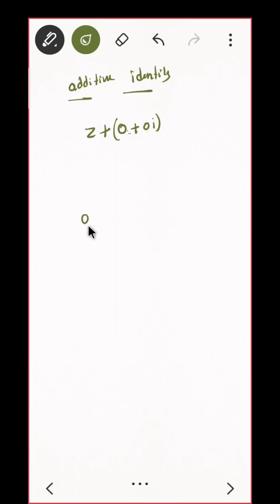If you write just 0 and 0 plus 0 i, this is the same as (0, 0). Both are not the same here. The notation is the same, but you must understand that even though only 0 is written, it is a complex number. You must understand this is 0 plus 0 i. Correct? It looks the same, but somebody may question you that this is a real number. But every real number is a complex number, so that is not an issue. So z plus 0 plus 0 i, that is your z. So what is your identity? 0 plus 0 i is identity, additive identity.